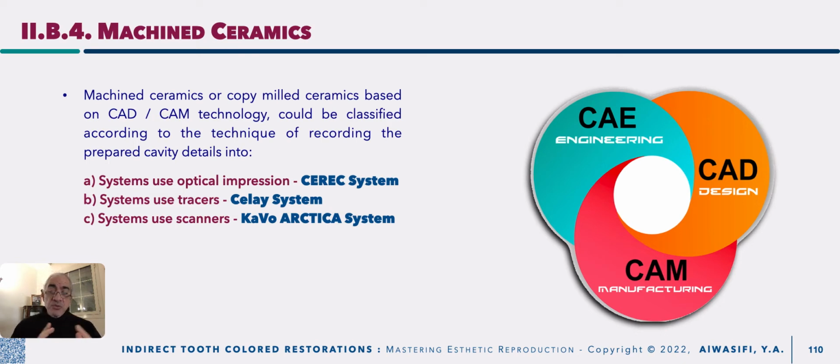And the difference between systems are in how you transmit this image of your cavity details into your software. Then comes what is the accuracy of your software in detecting the full details of your cavity and in detecting and designing the full details of your restoration.